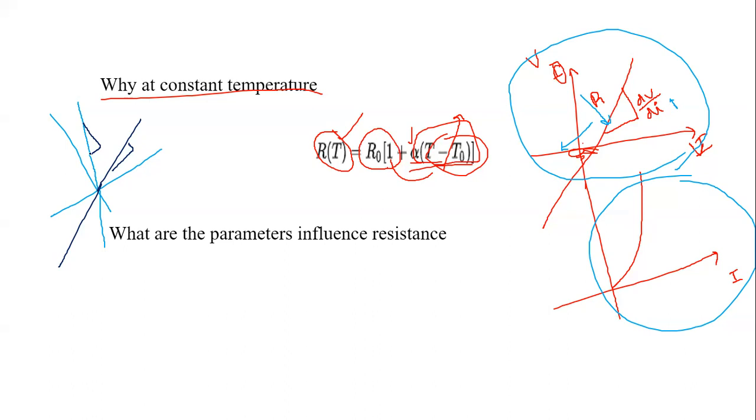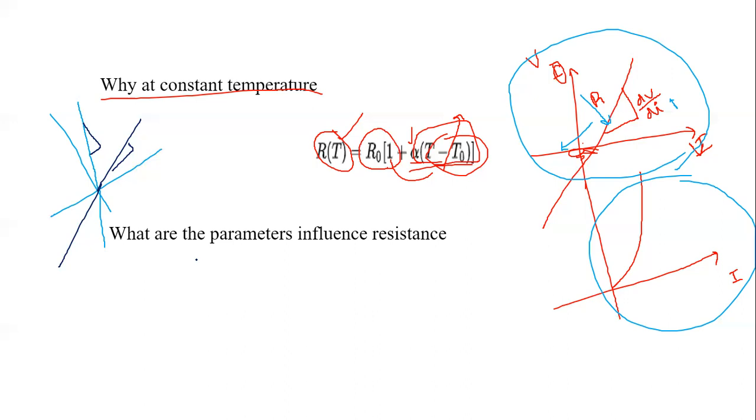Now the second point is: what are the parameters that influence the resistance? Generally at constant temperature, V is proportional to I and V is equal to IR. If you do not maintain the temperature as constant, then the material geometry will change, meaning the material will expand with heat.